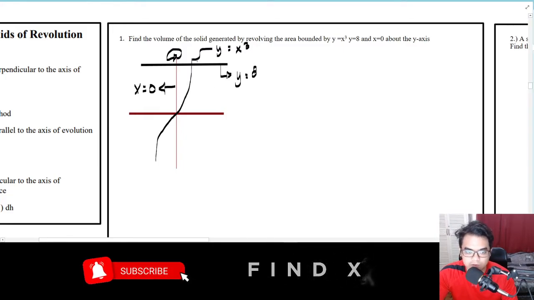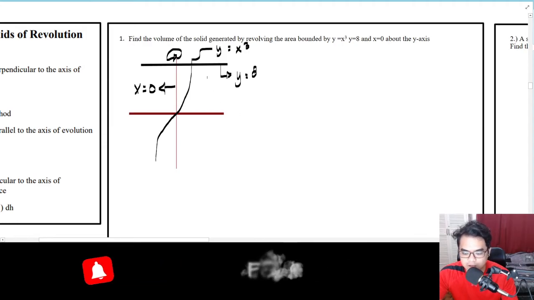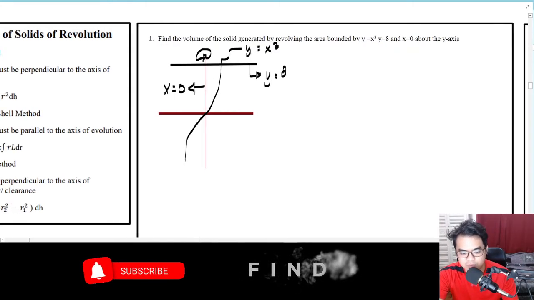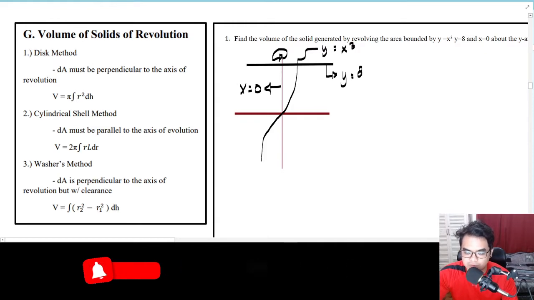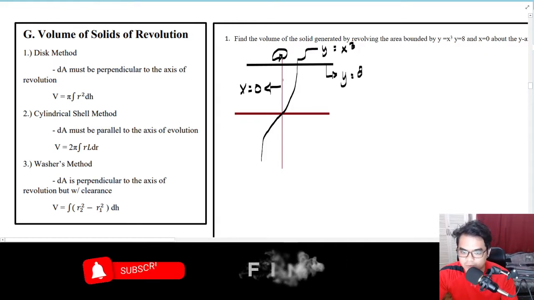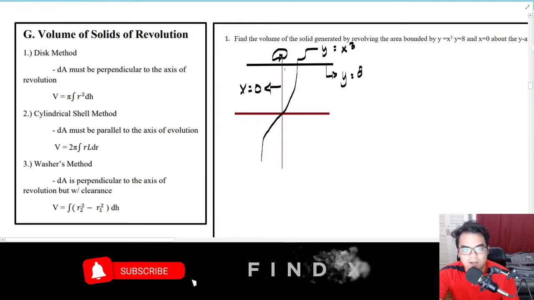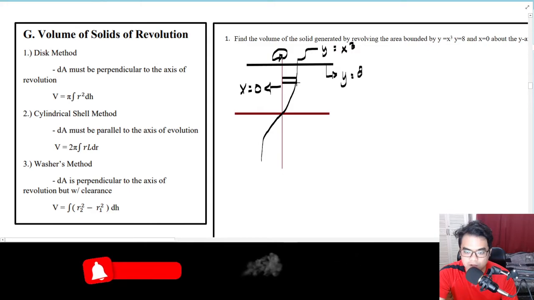As you can see, since the axis of revolution is the y-axis, we can use the first method, the disk method. For the disk method, the dA must be perpendicular, so if the axis of revolution is the y-axis, your rectangular strip will be this one.